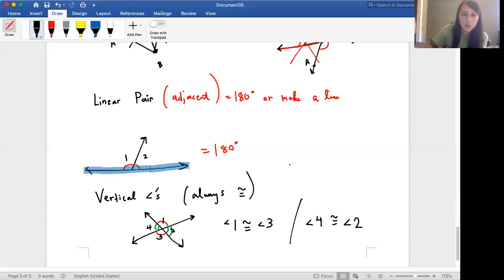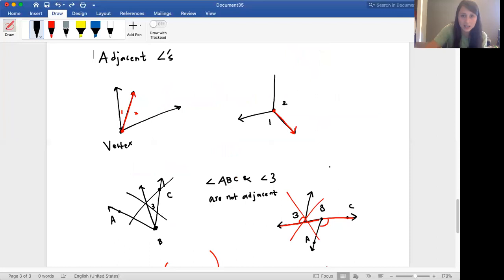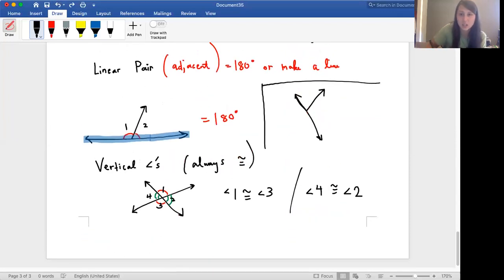Now, an example where it's not a vertical angle would be when you have some rays going out and they are not lines intersecting. They are literally just rays that meet at the center, and then you have angles across from each other.